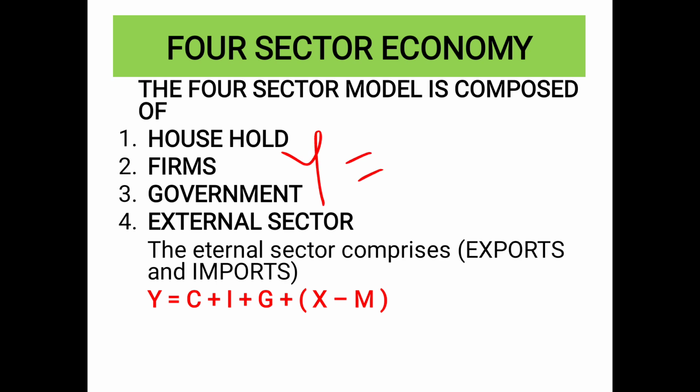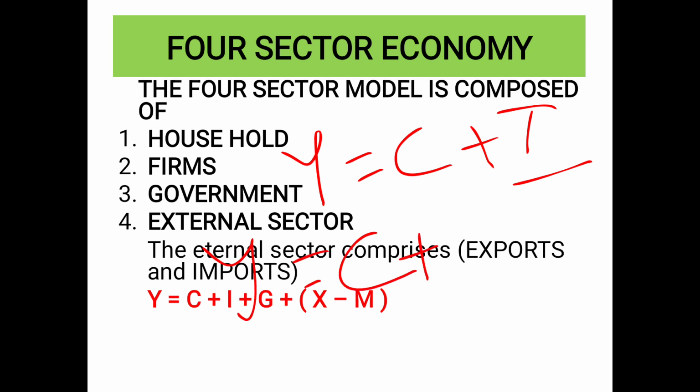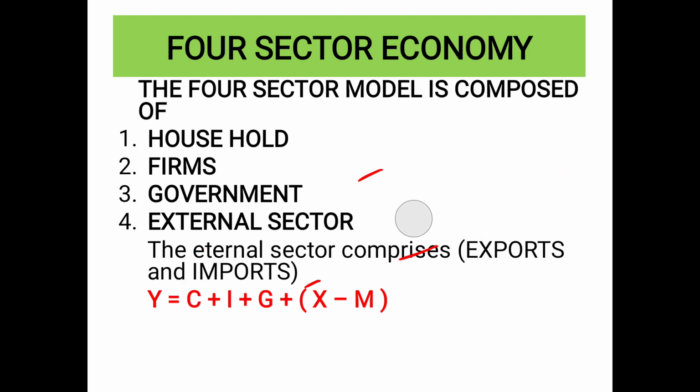Y is equal to C plus I. Three-sector, Y is equal to C plus I plus G. Under the four-sector, we have Y is equal to C plus I plus G plus X minus M. X stands for export, M stands for import.